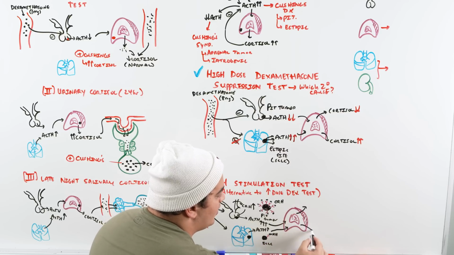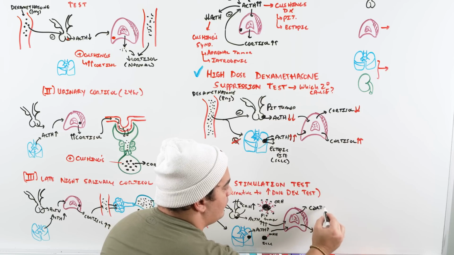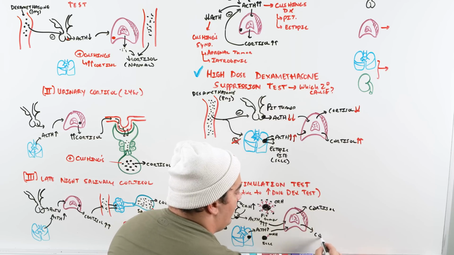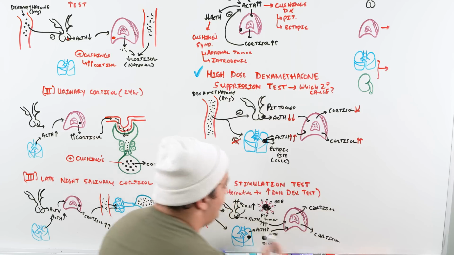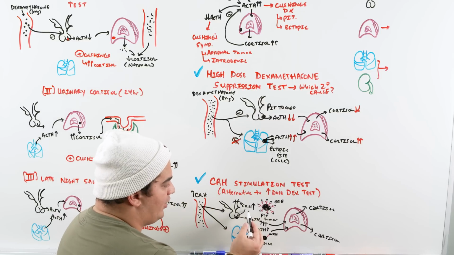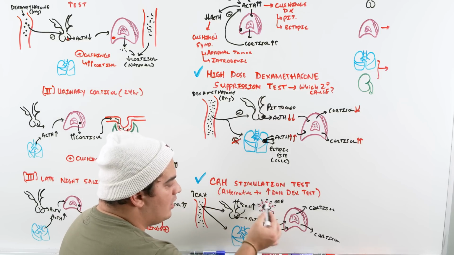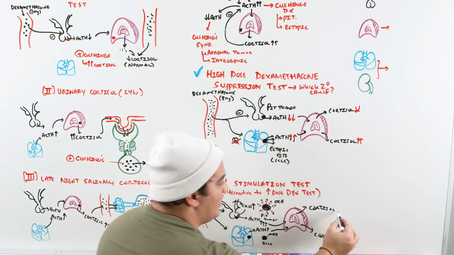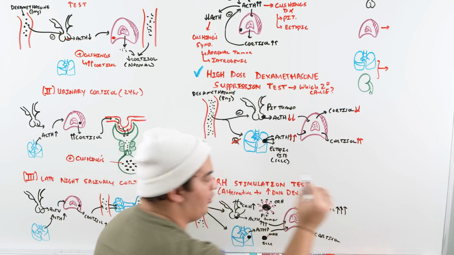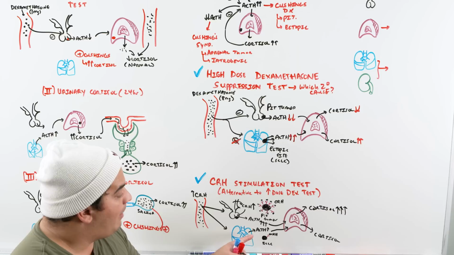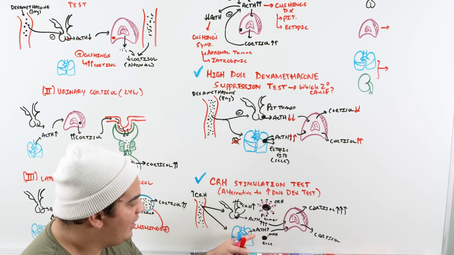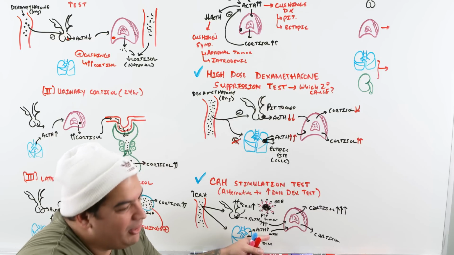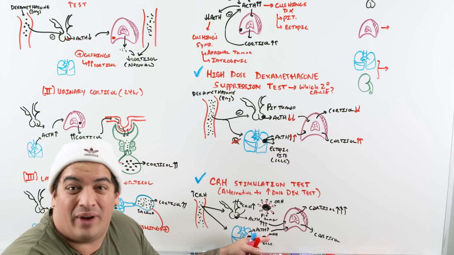What's the end result here with the cortisol? So if you think about it here, if I give CRH to the pituitary tumor, it has tons of sites to bind, it'll pump up the ACTH levels like crazy, and the cortisol levels will shoot through the roof. In a patient who has an ectopic site, they'll actually, again, have the ability to bind some of the CRH, but nothing crazy.